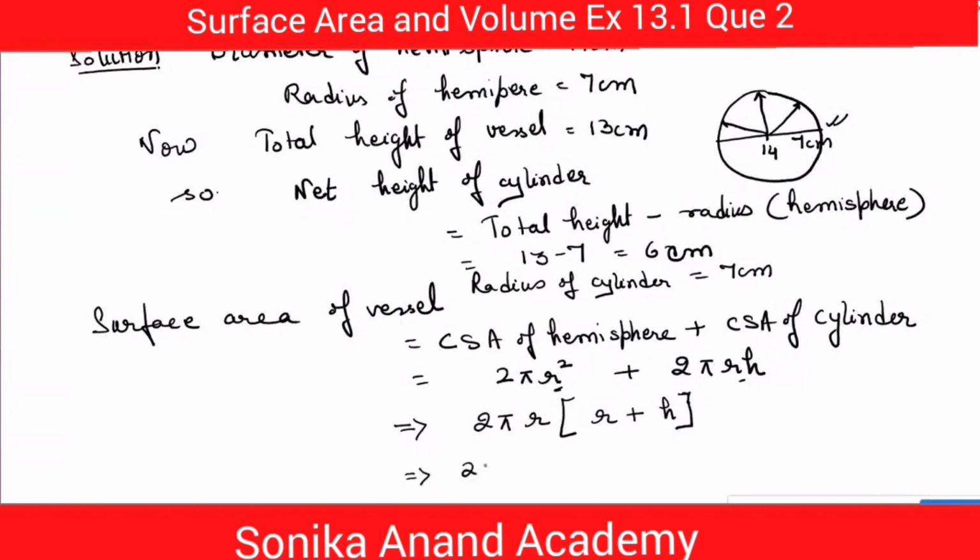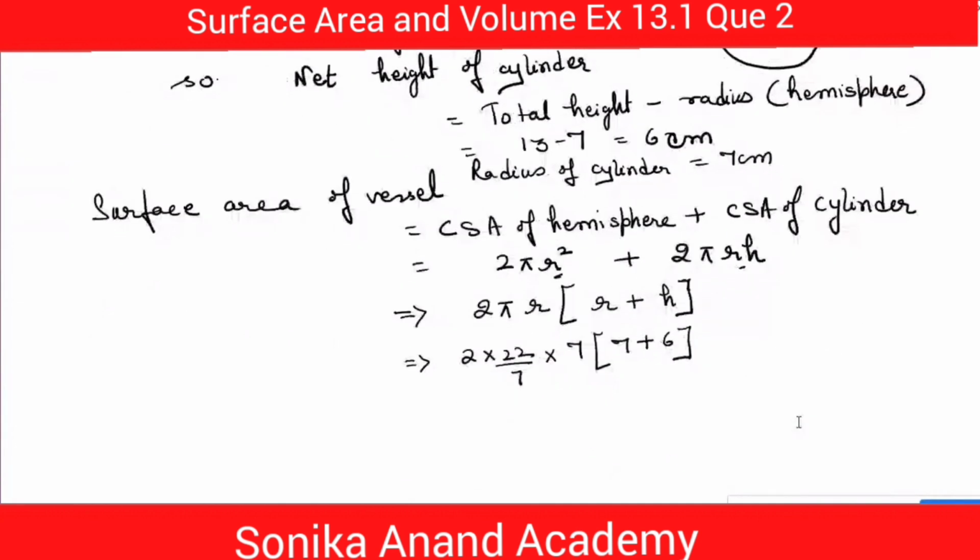Now in the question it is given value of pi is 22 by 7. Now radius is 7. Here I put 7 and height is 6. Now calculation becomes easy. Now 7 and 7 get cancelled and we have 2 into 22 into 13. That means 26 into 22. Now we multiply.